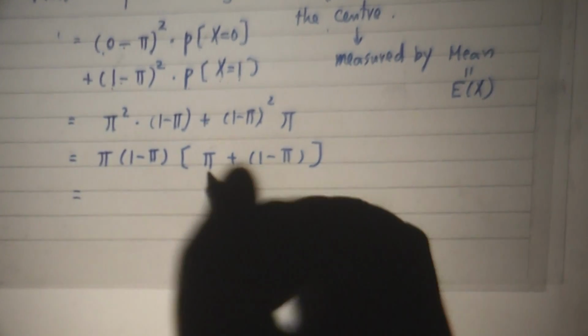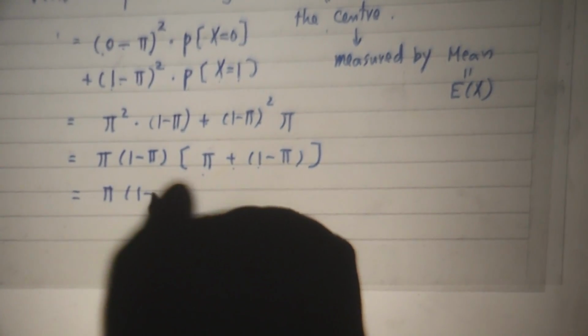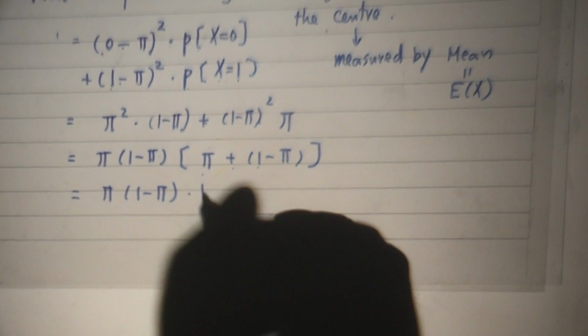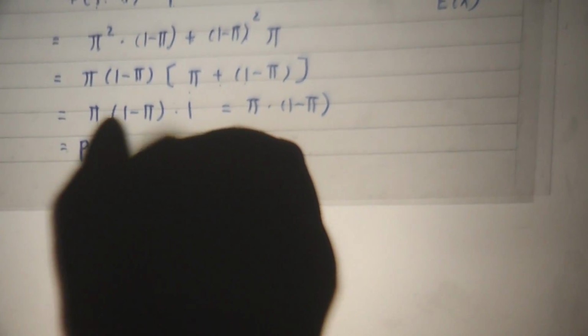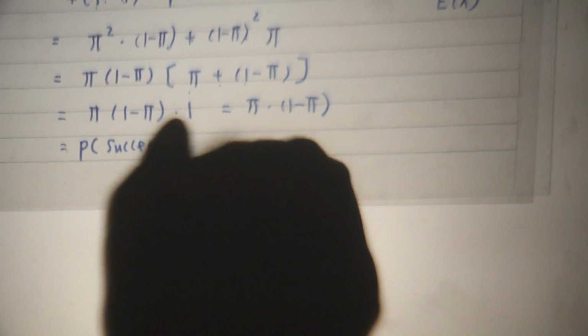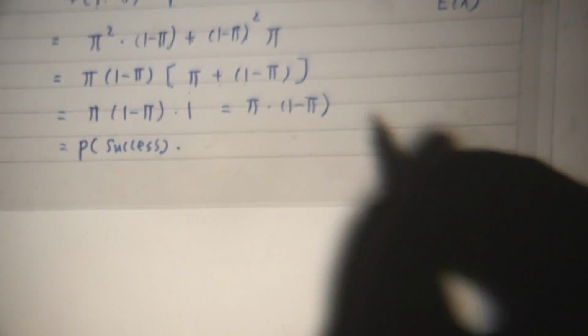Okay? Now, what do you know about pi plus 1 minus pi? It's just 1. So this is pi times 1 minus pi. So the variance of a Bernoulli random variable is the probability of success times 1 minus pi. That is the probability of what?